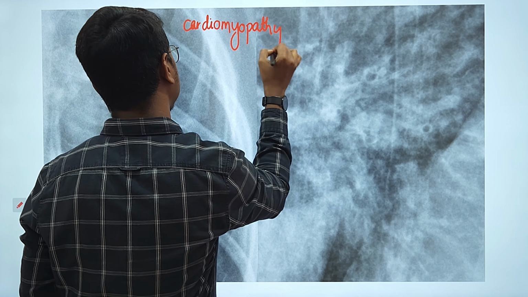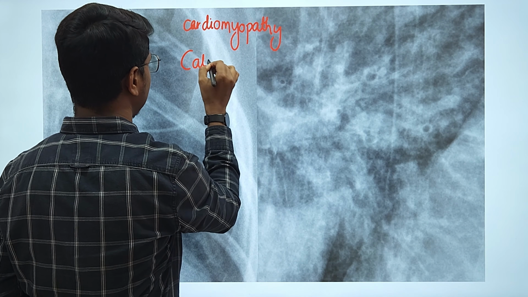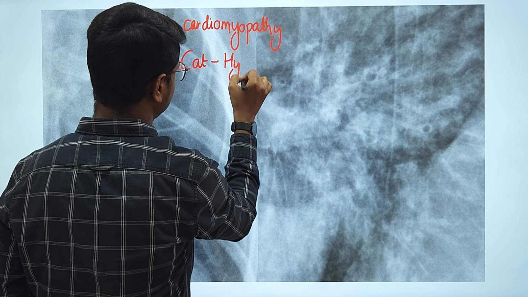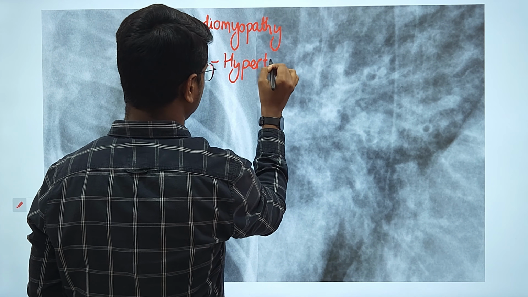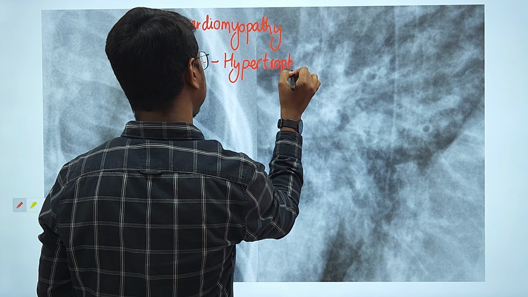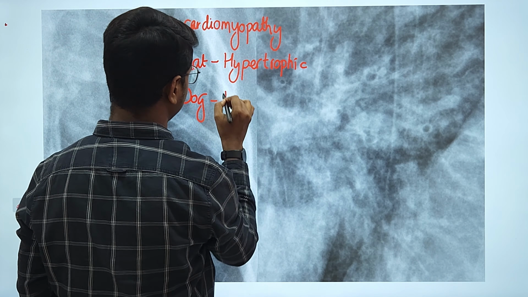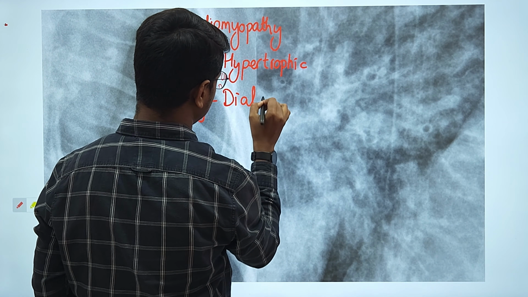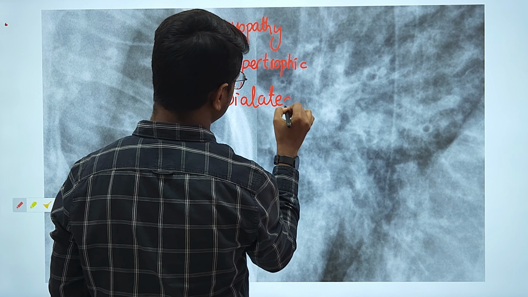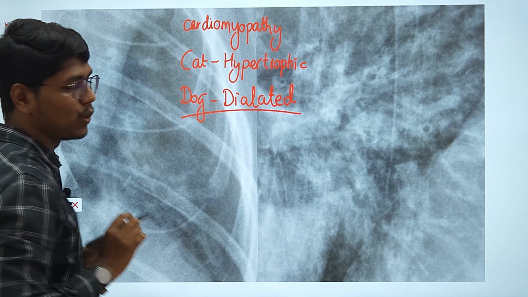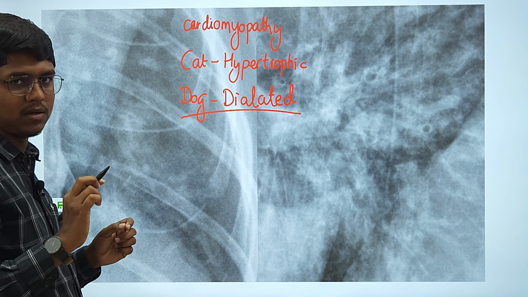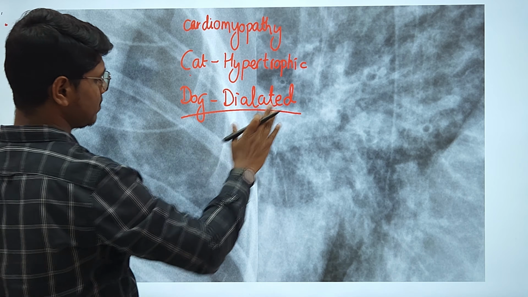In case of cat, it can be hypertrophic cardiomyopathy. In case of large breed dogs, it can be dilated cardiomyopathy. So in these particular cases, you may find a bronchial pattern of lung pathology.